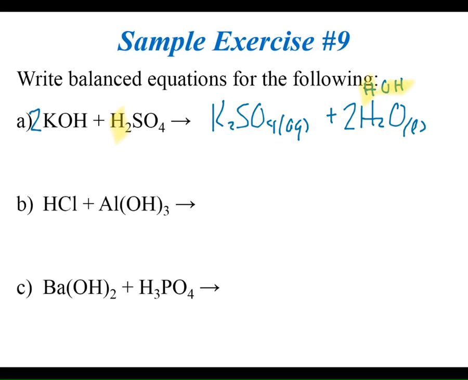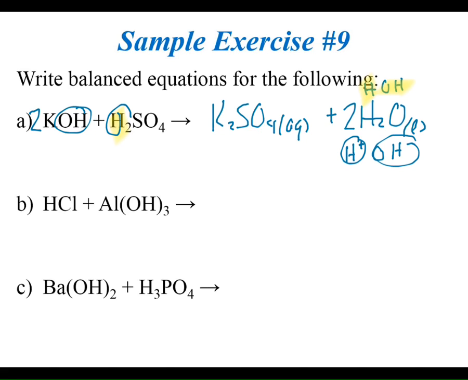So that's balanced. So when you're balancing, I'm telling you, it's really super helpful to think of water as the H plus with the hydroxides. So balance the hydroxides with the hydroxides. Balance the H pluses with the H pluses. That makes it so much easier, I promise.